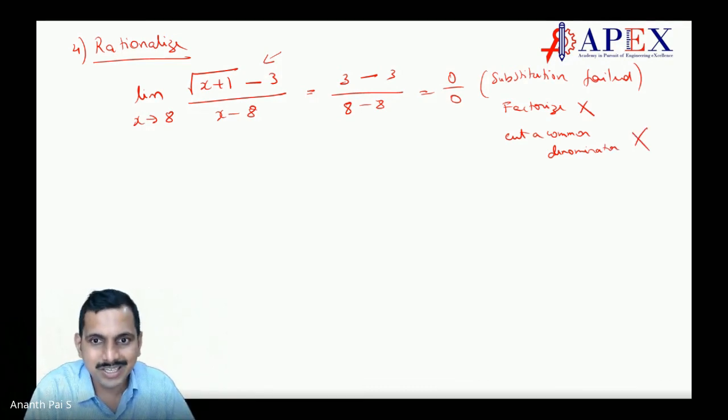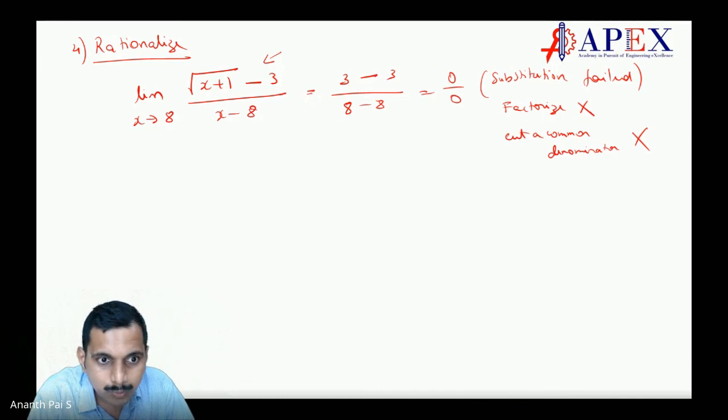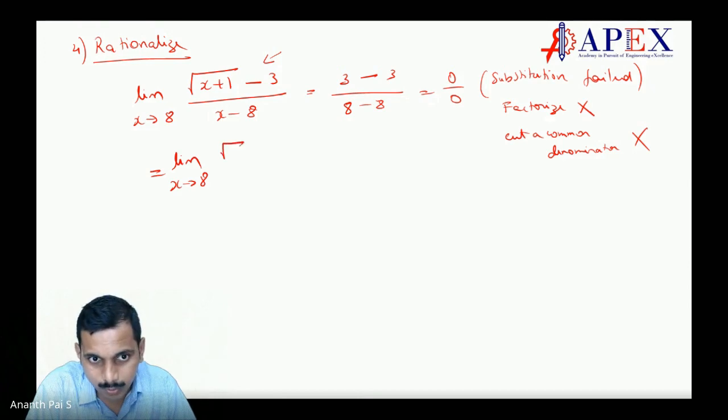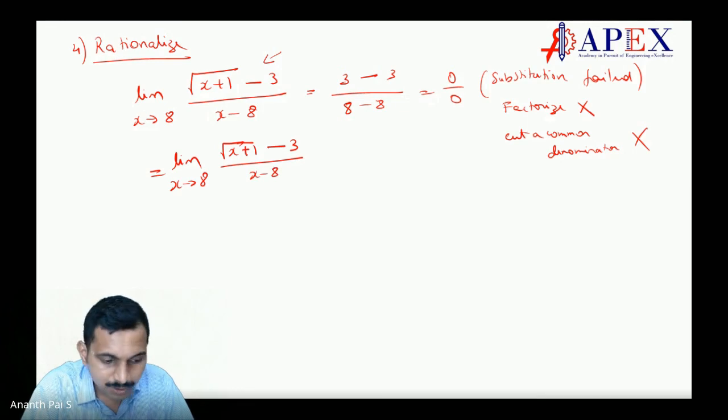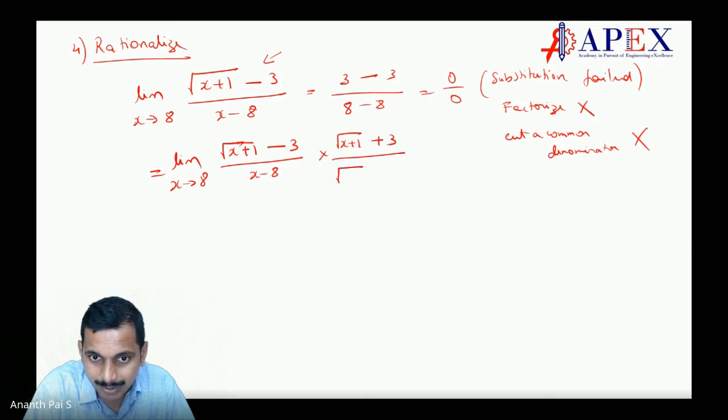So when you rationalize, this is equal to limit x tending to 8 of square root of x plus 1 minus 3, divided by x minus 8, into square root of x plus 1 plus 3, divided by square root of x plus 1 plus 3.